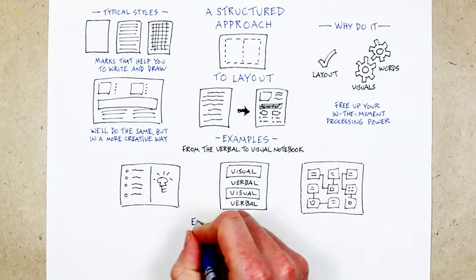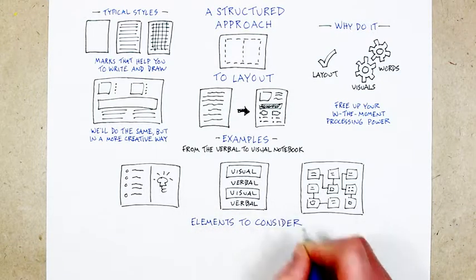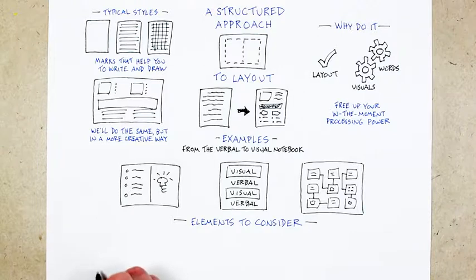Here are some elements to consider when creating your own template. Use different styles of lines to break up the page, maybe sometimes using dotted lines or sometimes solid lines, depending on how rigid you want to make those separations.